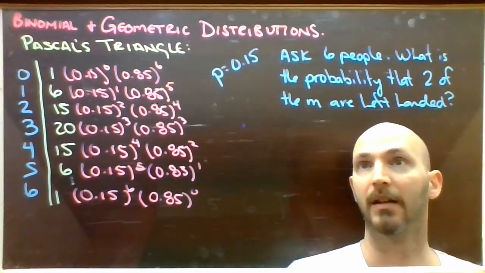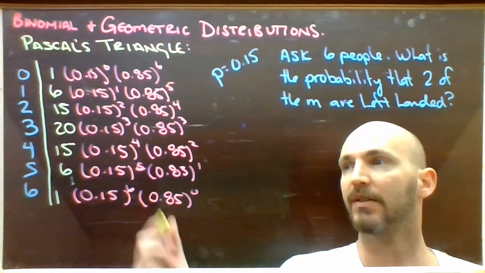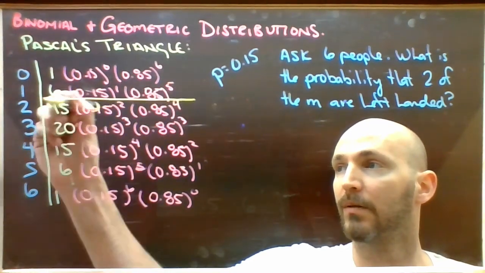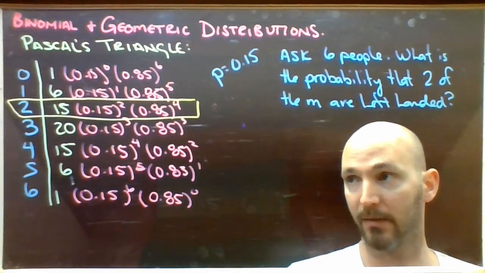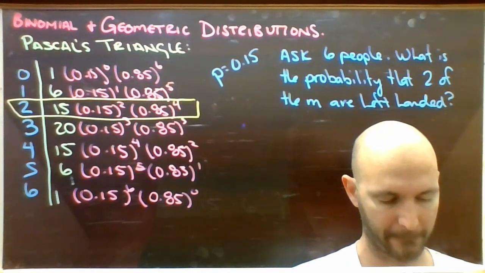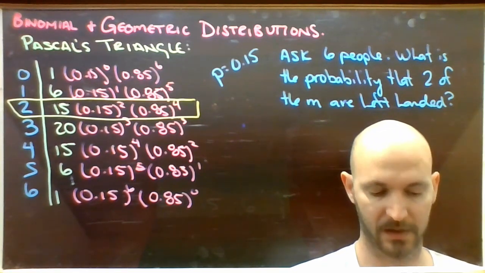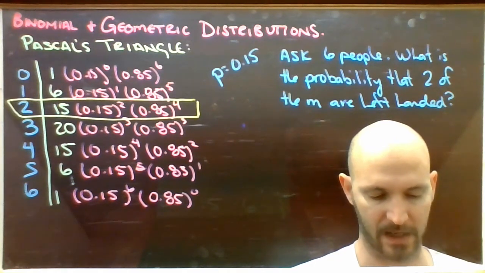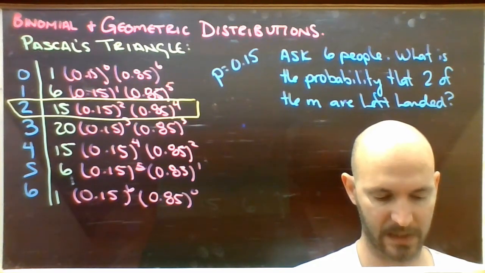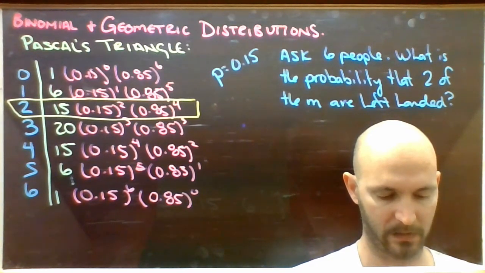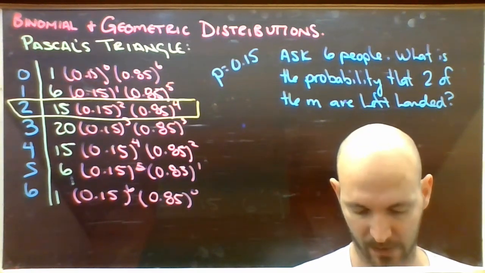Alright. Now the question asks, what is the probability that 2 of them are left-handed? Exactly 2. So that would be this row. So if I were to pluck that out of there, 0.15 squared times 0.85 to the exponent 4 times 15 is 0.1762 if I round.